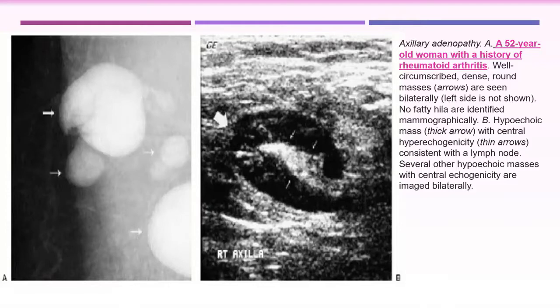but lacking fatty hilum and veins surrounded. On ultrasound still we could appreciate the cortex and the fatty hilum, which is compressed. You see now how ultrasound gives more characterization, more differentiation than mammography. In mammography all give the same, just lacking fatty hilum and becoming rounded.